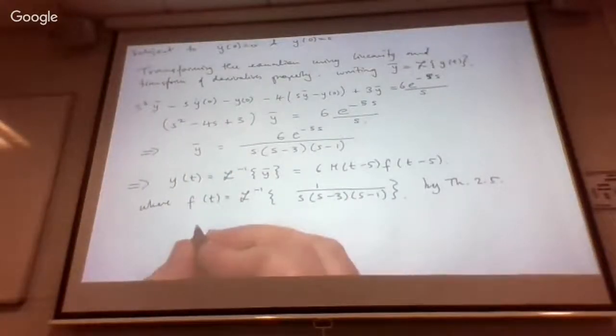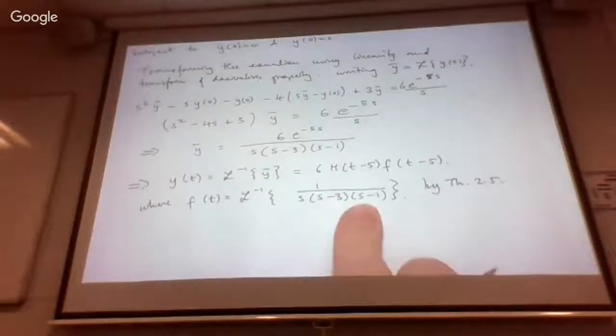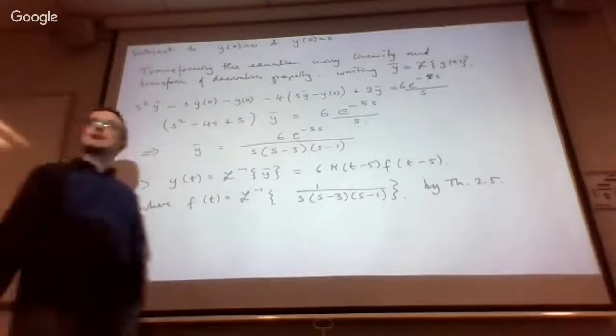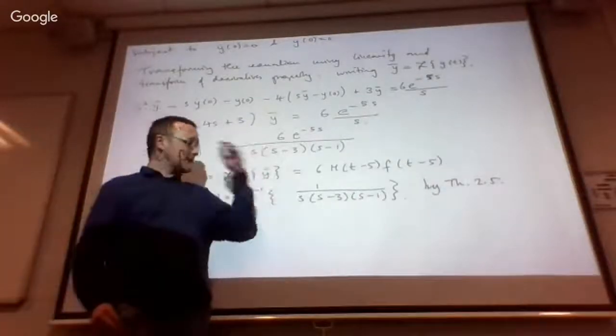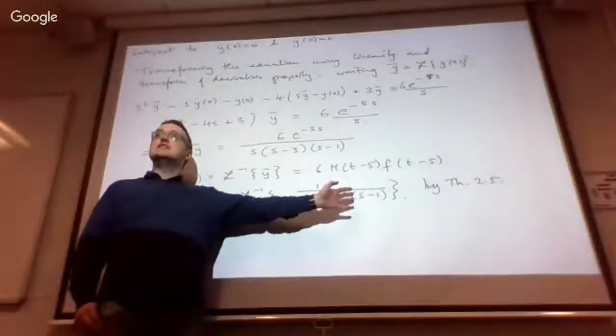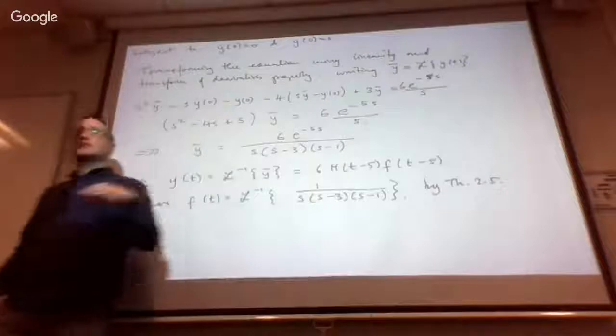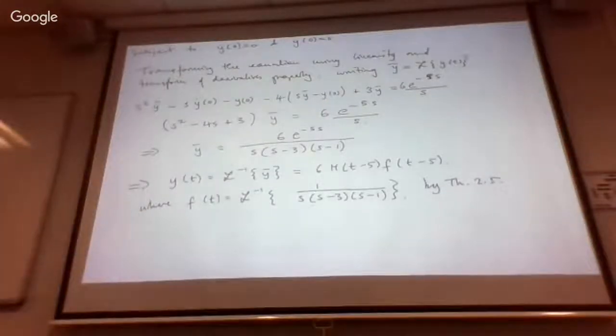In order to take the inverse transform of this, there aren't any functions exactly like that in the table quite yet, so we need a partial fraction expansion. We can expand this into a sum of three rational functions, something over s, something over s minus 3, something over s minus 1, and then inverse transform each bit and add the results together to identify our function f.